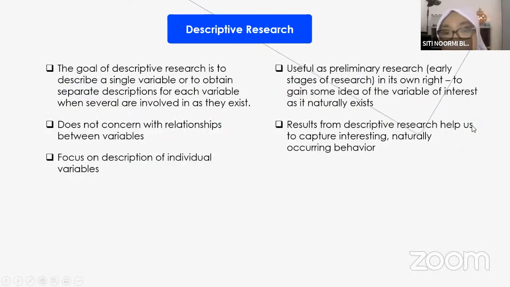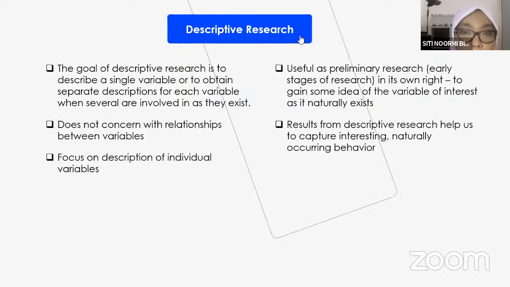So we proceed further with the descriptive research. The main goal of descriptive research is to describe a single variable, or to obtain a separate description for each variable when several are involved, as they exist.